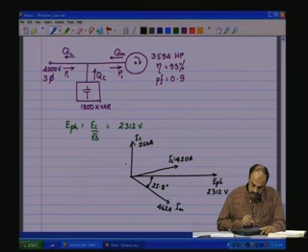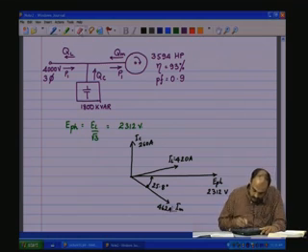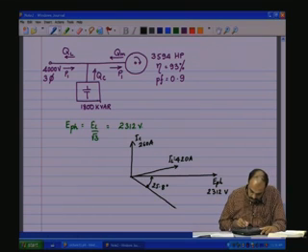Let me draw this properly. This is IM, 462 amps.